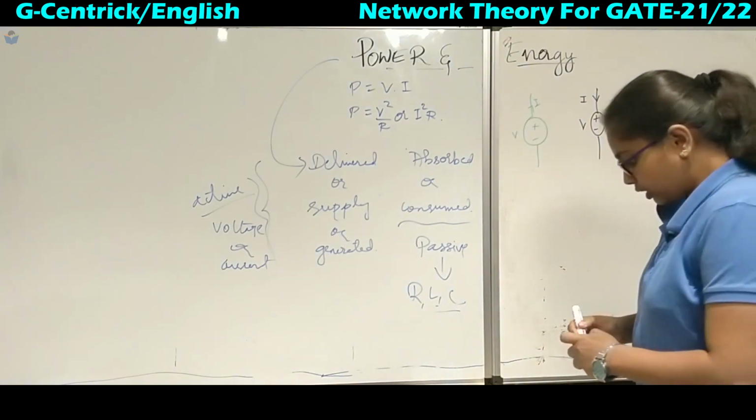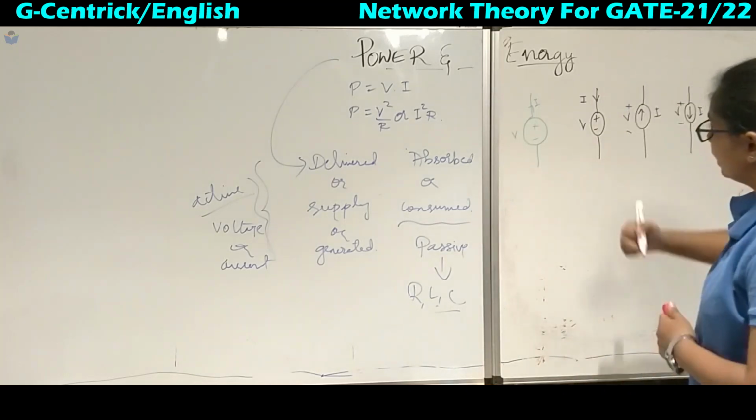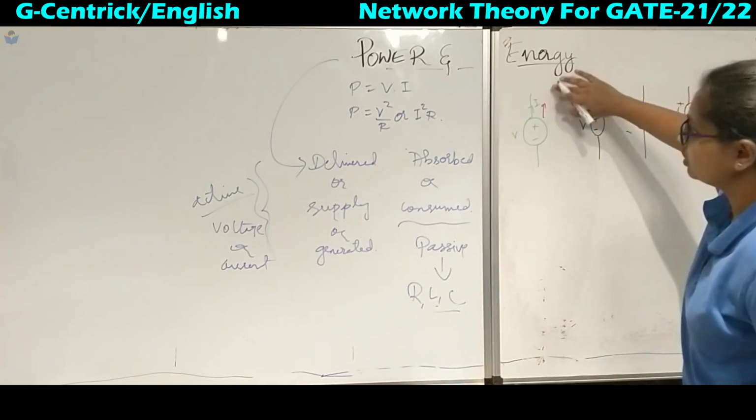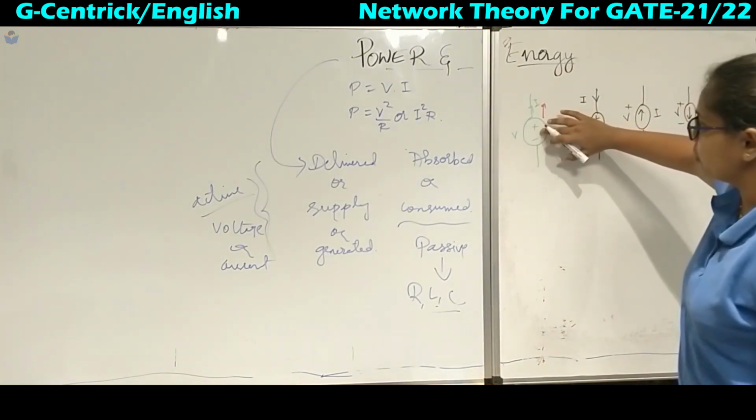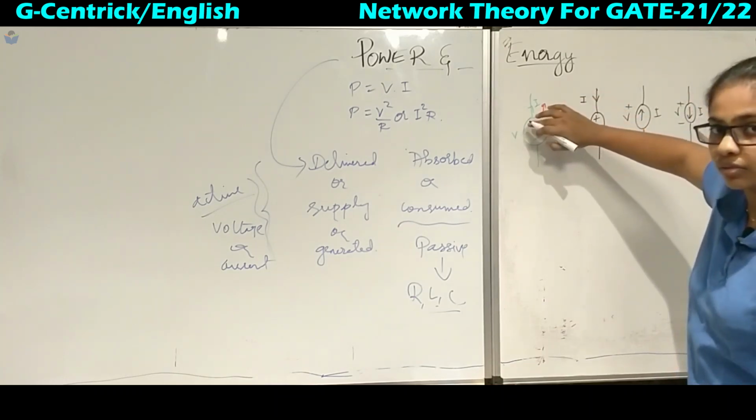Now the question is, when the direction of the current is upwards, how do we mark the polarity direction of the arrow for this voltage source?